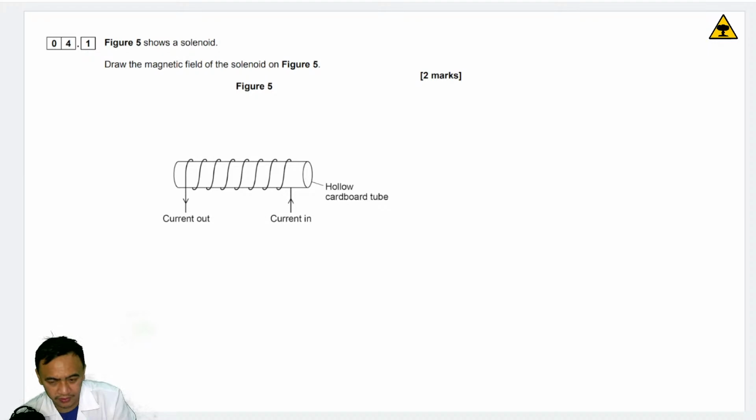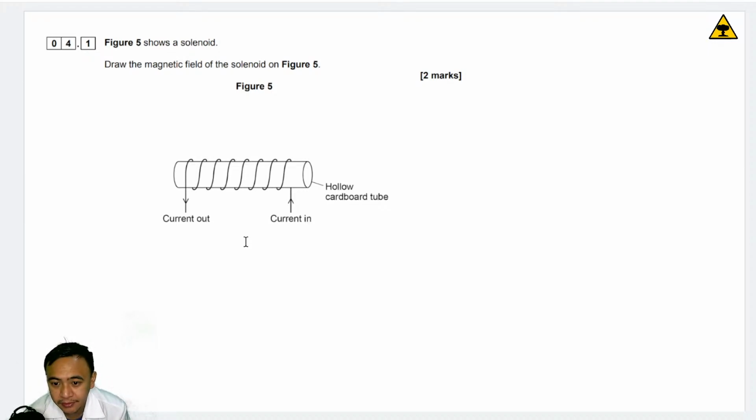Yep. So there will be field lines going into the left and out of the right of the solenoid.